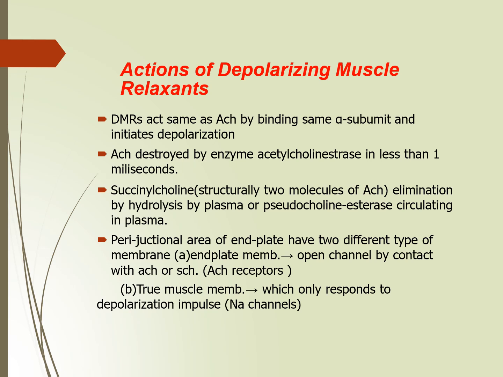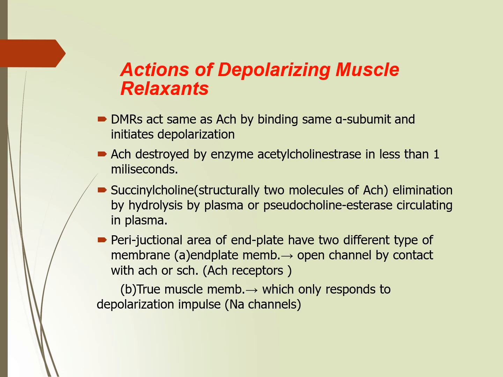Their duration of action is very short, about 5 minutes. These drugs act by persistent depolarization, so continuous depolarization is taking place. Energy exhaustion occurs, with no further generation of ATP, resulting in muscle relaxation.